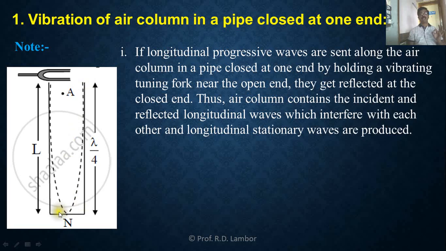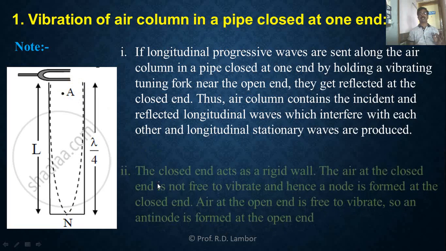Now here, this closed end of the pipe acts as a rigid wall. So the air particles near this closed end are not free to vibrate. So, node is formed at the closed end of that tube. And particles of air at the open end are free to vibrate. That's why antinode is formed at the open end of that tube.